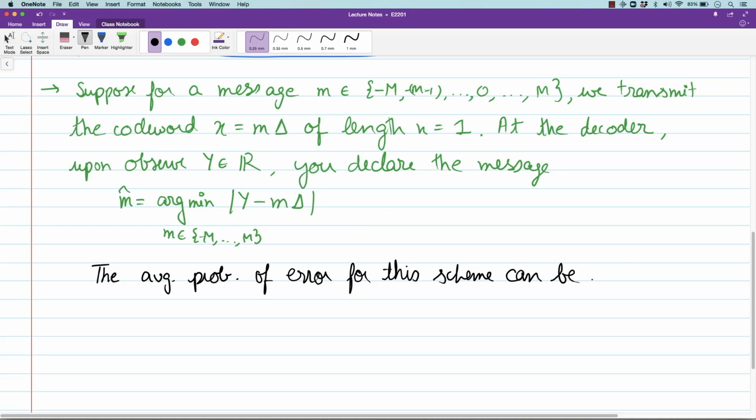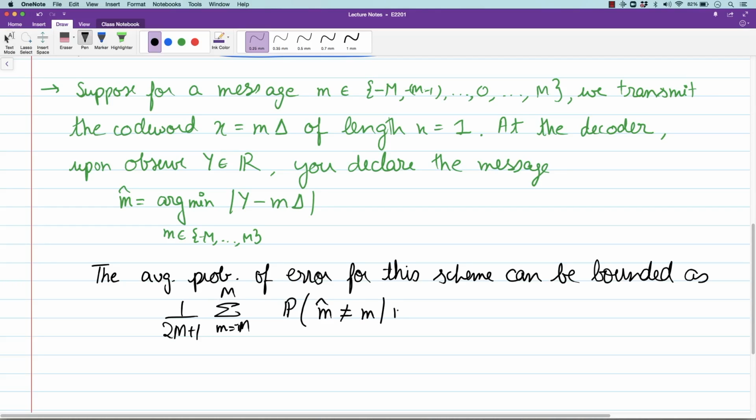It can be bounded as follows. One over the number of messages, 2M plus 1, times the summation over m from minus M to M of the probability that m hat is not equal to m, given that m is sent.